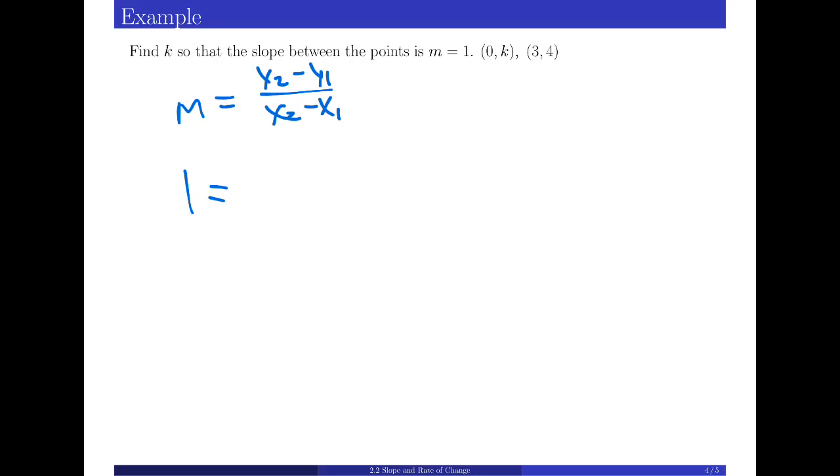We could say y2 is 4, and y1 would be k, over x2 would be 3, x1 would be 0. So plug in the things we know, and I'll let you go from there, and all you have to do is solve for k, and that will give you the coordinate that would give us the slope of 1 between those points.